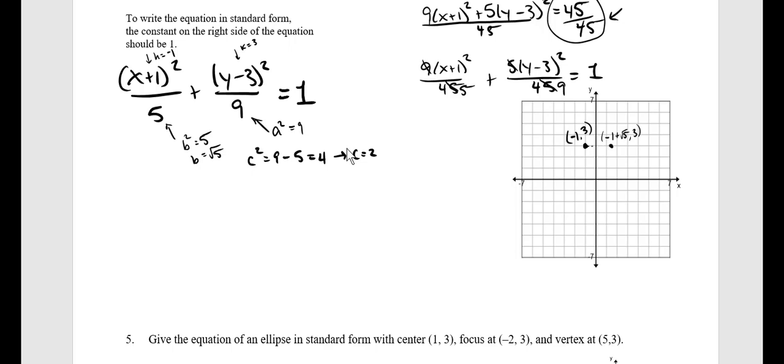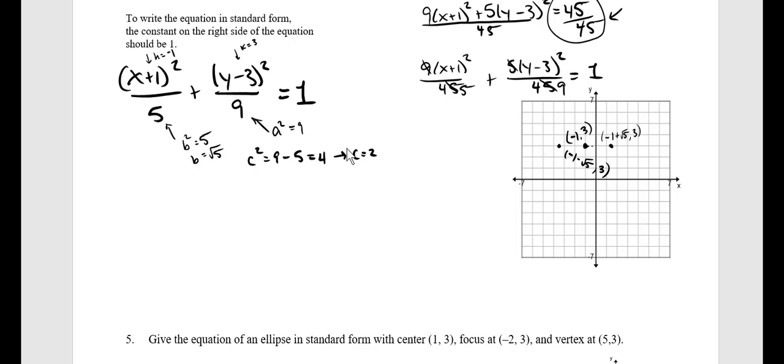That's not a focus, that's an endpoint of the minor axis. And we go the same distance in the opposite direction, so roughly -3.23 to here. That point will be -1 minus root 5, comma 3.